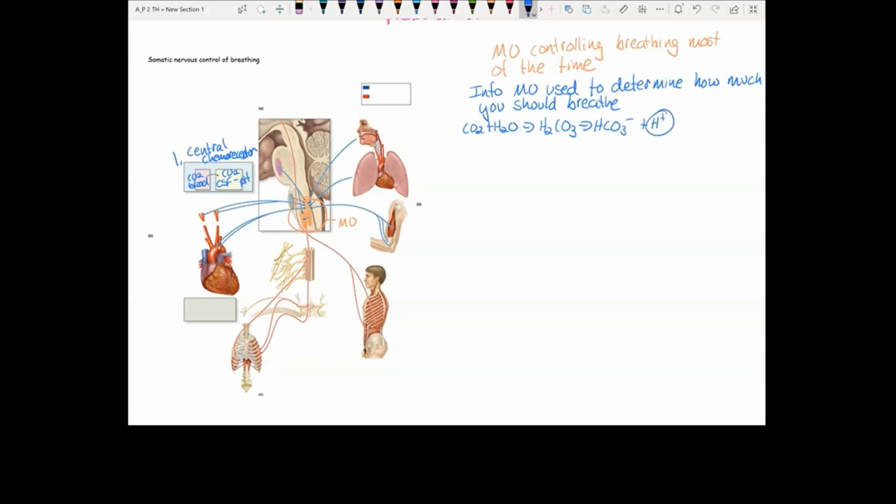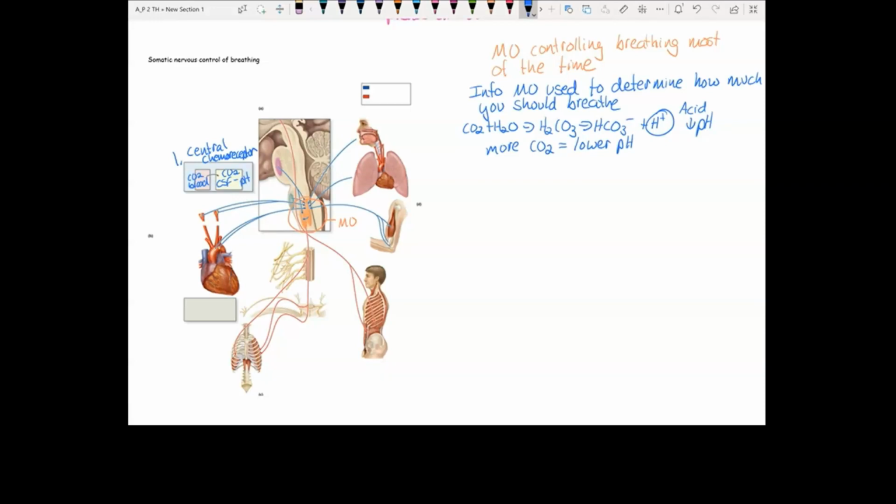And because we have a hydrogen ion, we have acid, and acid lowers your pH. So the relationship between carbon dioxide and pH is that the more carbon dioxide you have, the lower your pH. Okay, that's going to be very important.